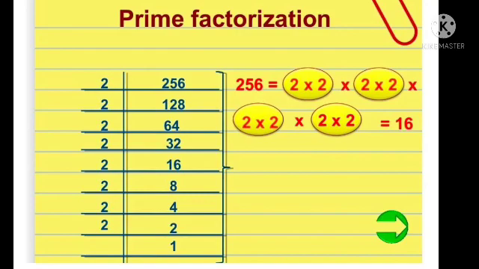So 256 is equal to 2 multiplied by 2, one group, 2 multiplied by 2, another group, 2 multiplied by 2, another one, and 2 multiplied by 2, which gives us the value 16.